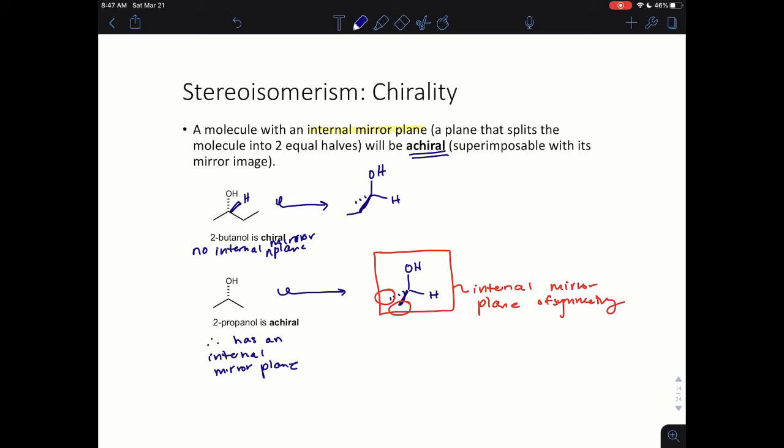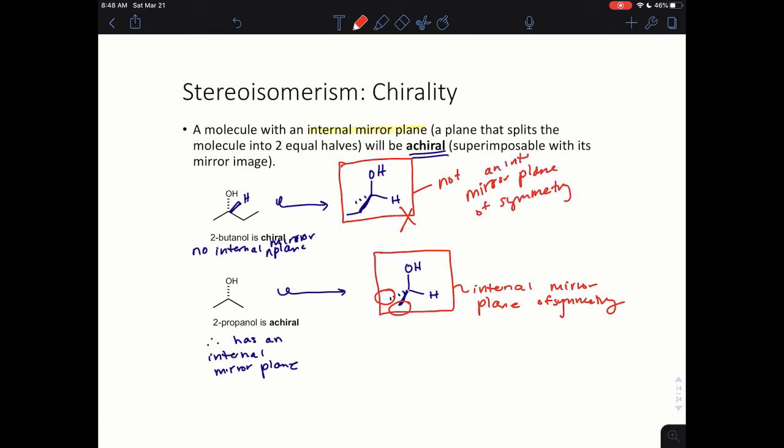That's what I'm looking to see happen here. So I rotate it, and then I check: is the plane of the paper a mirror plane? And no, it is not a mirror plane of symmetry.